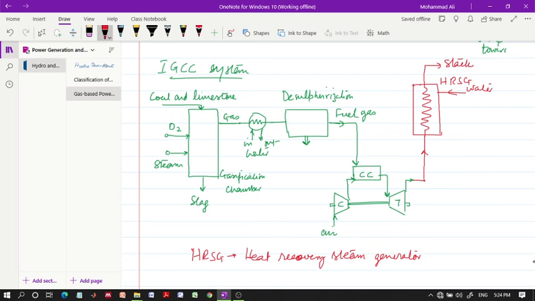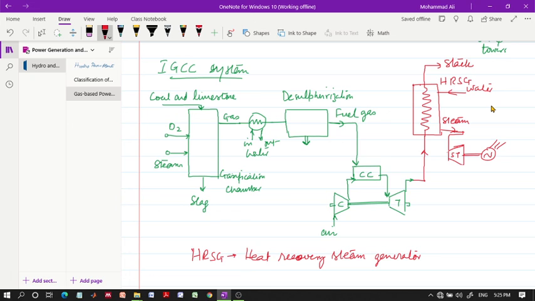This water comes in contact with these pipelines. It turns into steam. Okay, so steam comes out of this chamber, and then what will happen? We are having a steam turbine over here, and it will run the three-phase alternator, which will generate the supply.